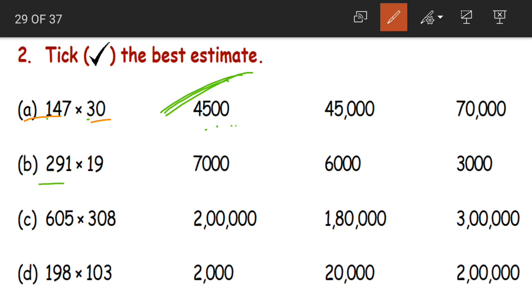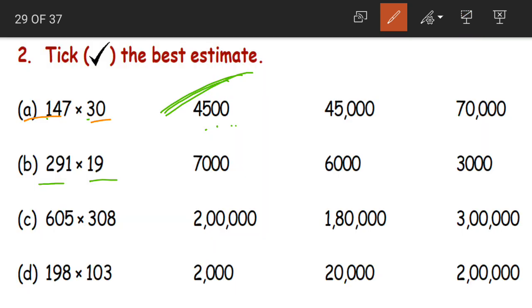Now 291 into 19. Yes, children. Now again 291 rounding off to the nearest tens. Yes. Sorry. It's not rounded off to the nearest. 291 into 19.